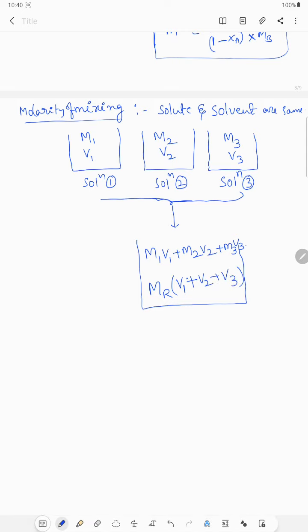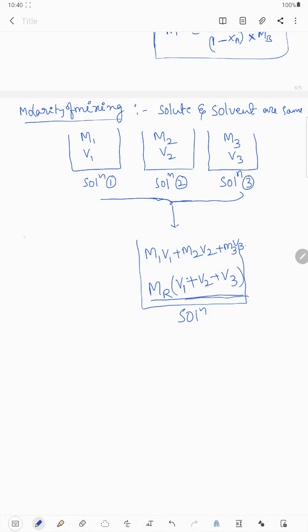So this is the final solution, and Mr is the resulting molarity, if you combine all these 3 values.